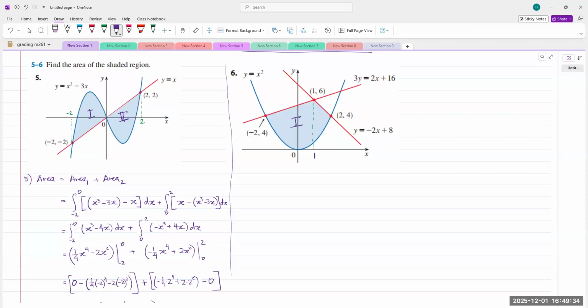Call this region 1 and this is region 2. Then our area will be area of region 1 plus area of region 2. This is integral from x equals negative 2 to 1, and later on plus integral from 1 to 2. You see what I mean?